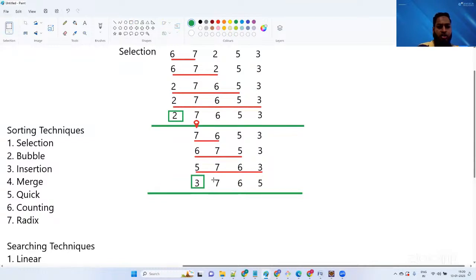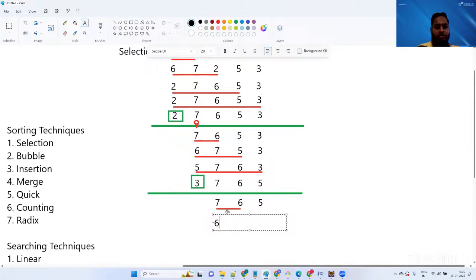Now which numbers are unsorted? 7, 6, 5. I take them over here. Okay, then I compare 7 with 6. And as 7 is greater than 6, I will swap it. So I will have 6, 7, 5.